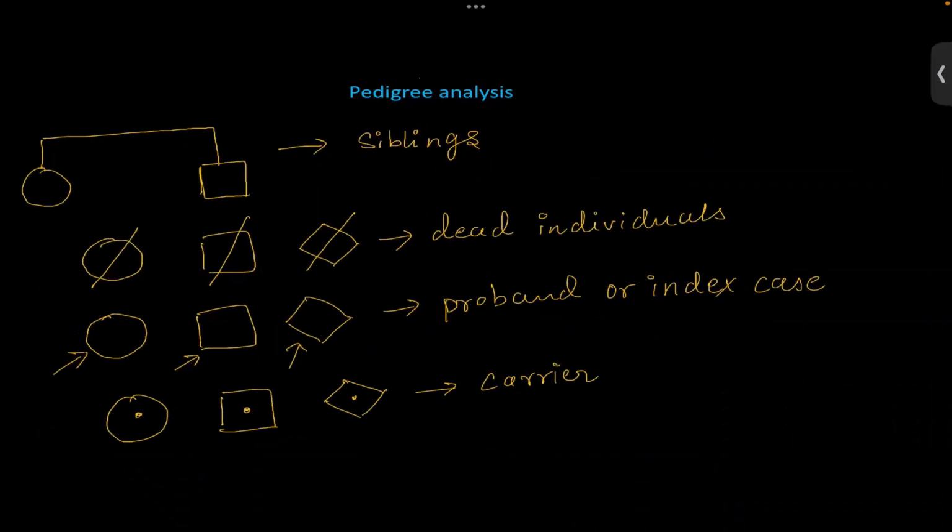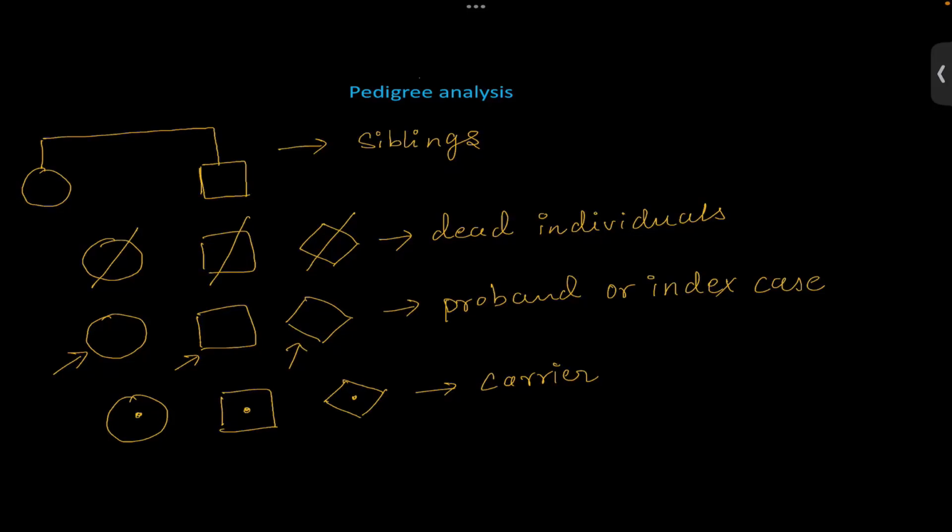Other symbols: this is for showing that two people are siblings, like here they are brother and sisters. If someone in the family has died, we show it with a cross. Often a pedigree is made by talking to a particular individual. We ask a few questions, and the answers to those questions help in drawing a pedigree.